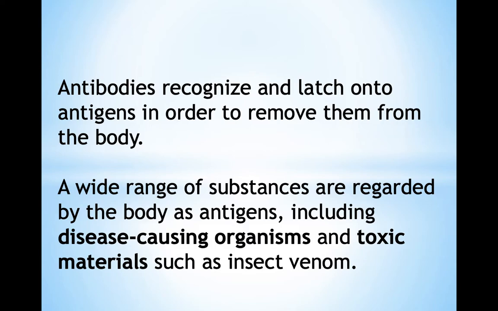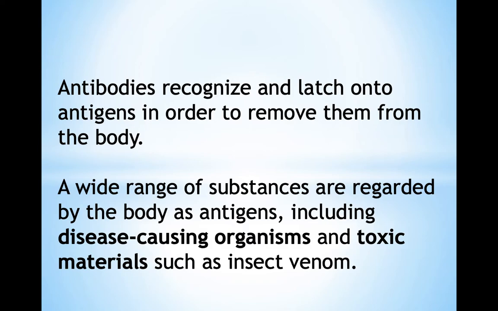Antibodies recognize antigens, they latch onto antigens in order to remove them from the body. If the antibodies are circulating, the antigens are deactivated, or antibodies could cover or latch onto antigens presented on the surface of a pathogen, so that the pathogen will be flagged or marked.